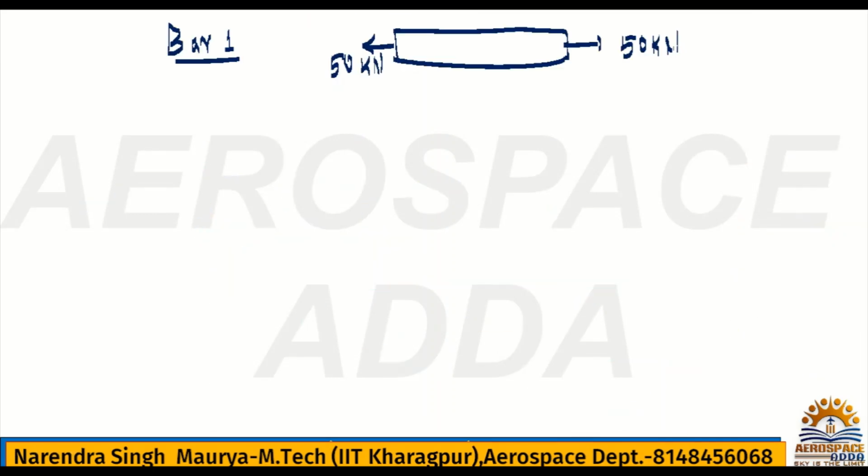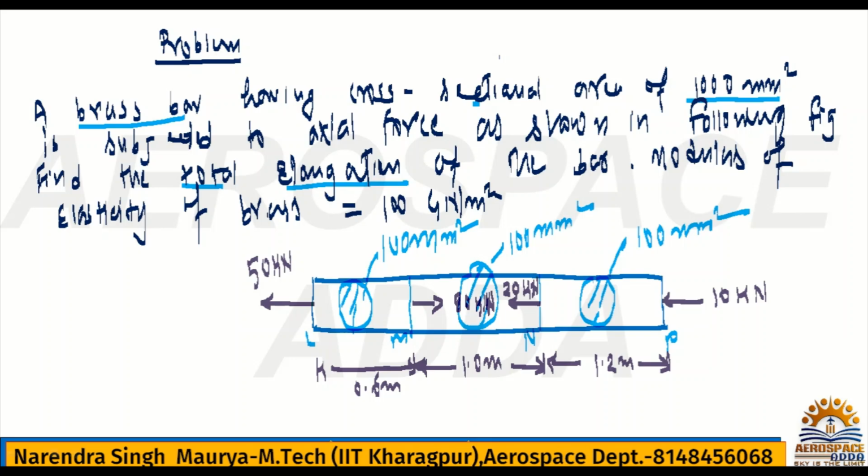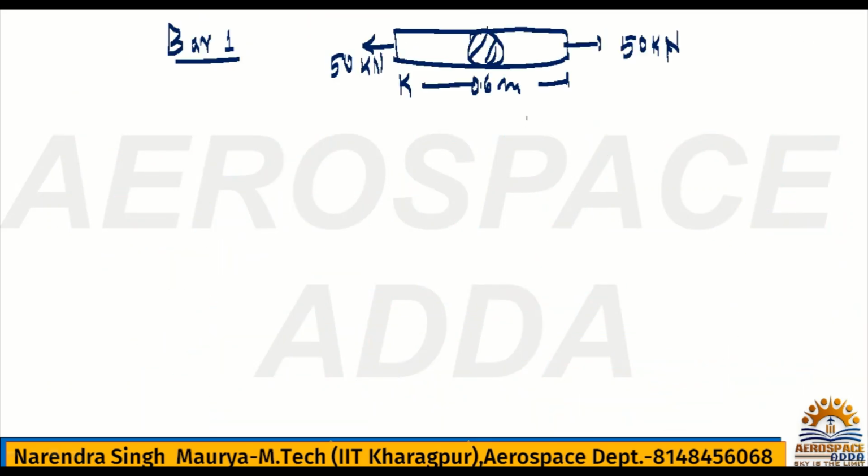This length is 0.6 meter. And if you check the area of the bar, what is the area of the bar? In the problem itself it was given, it is 100 mm square. Okay, we have to convert into meter square. So this area is nothing but 100 mm square. Now we'll find what is the change in length.